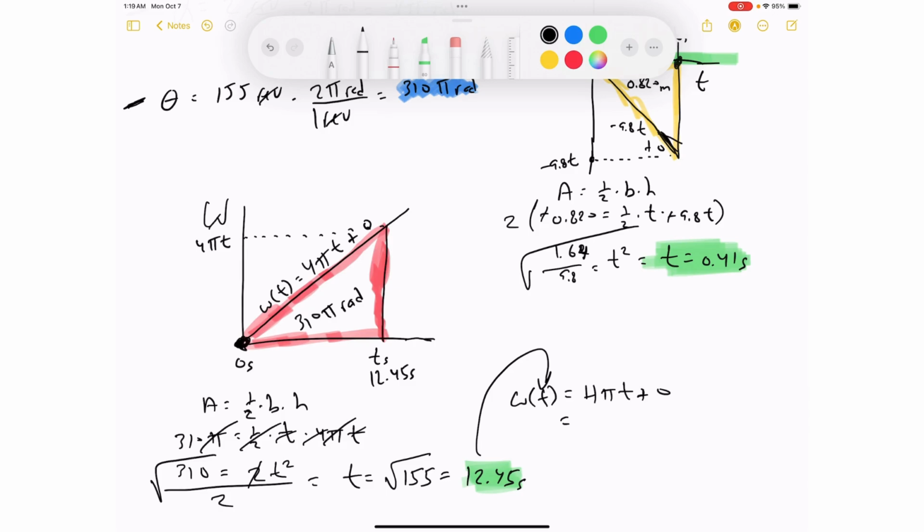And if you do, you get 156 radians per second. And so that's how fast it's going when it breaks free.